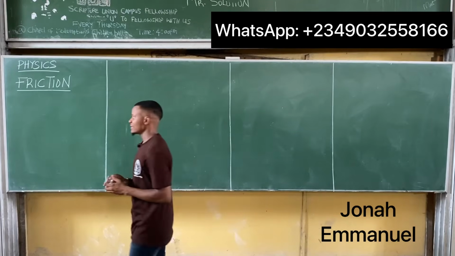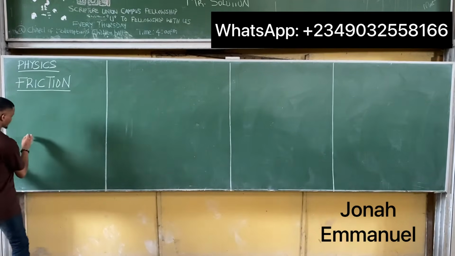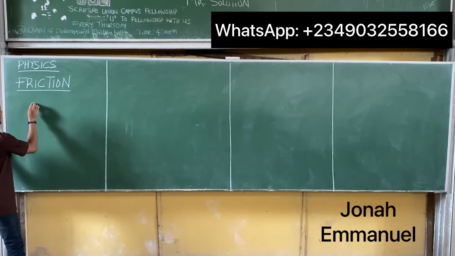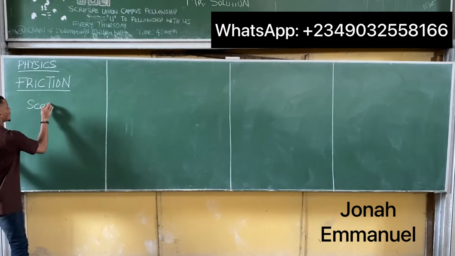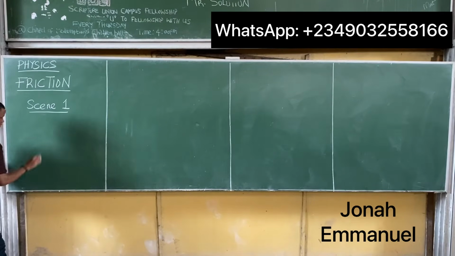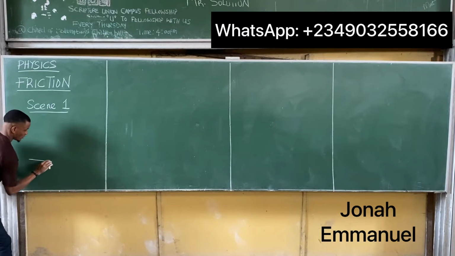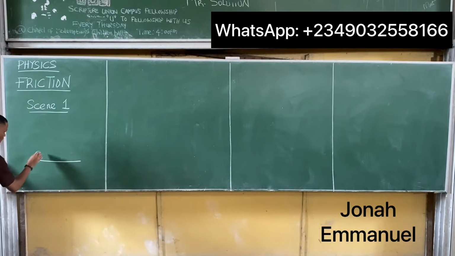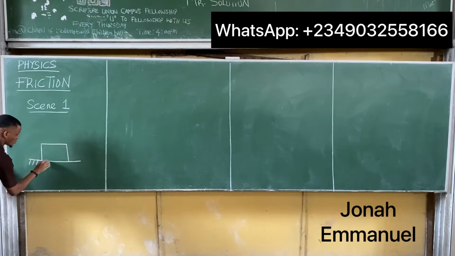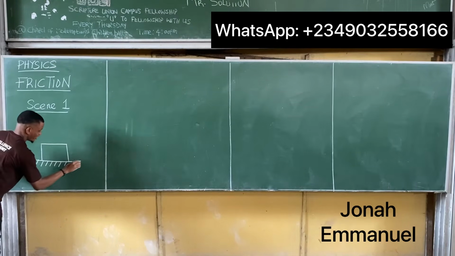Let's say, for instance, I have a surface like this. Let's use two scenarios: scene A, or scene 1. For scene 1, let's have a body on a surface. Let's use a rough surface, because if it's a smooth surface, friction does not really occur.